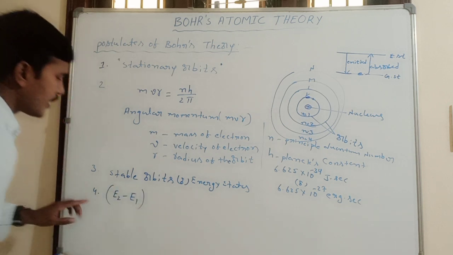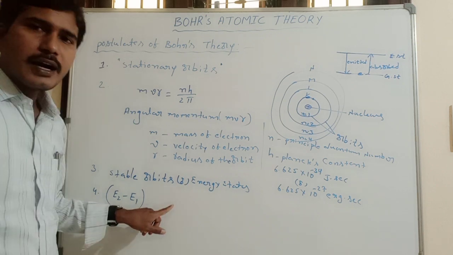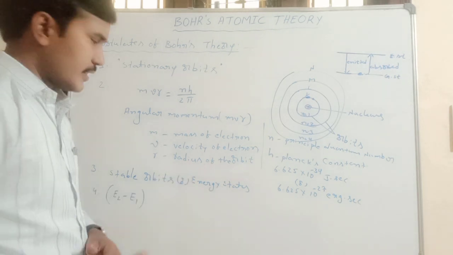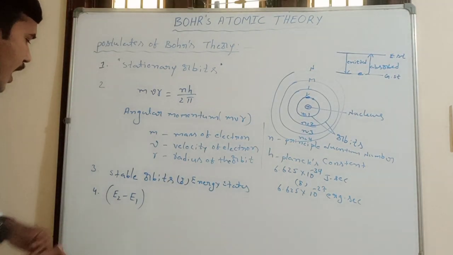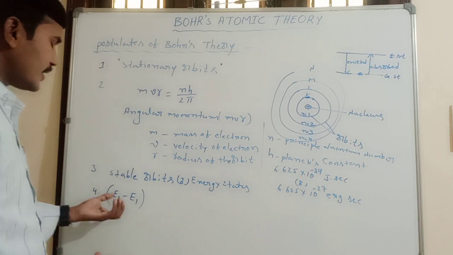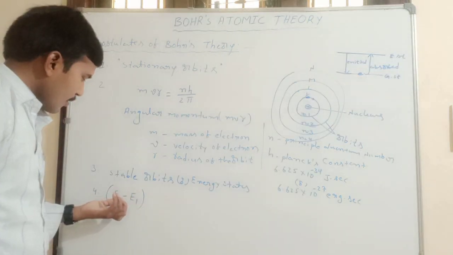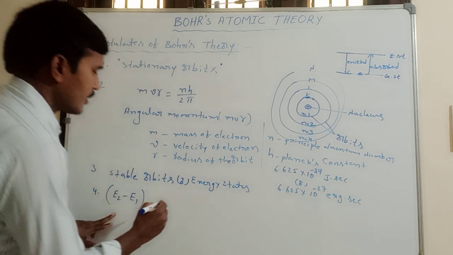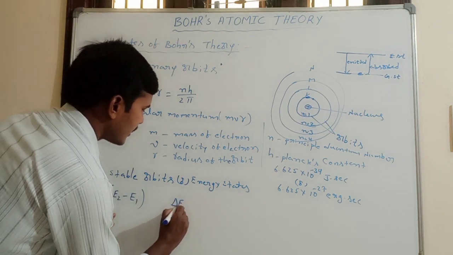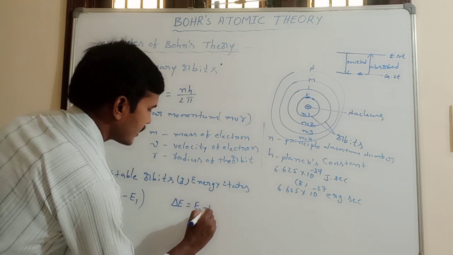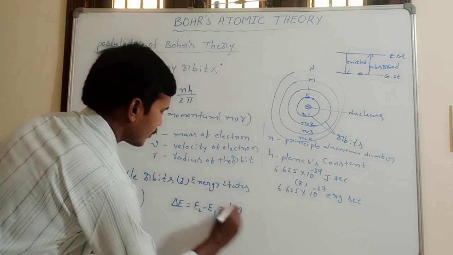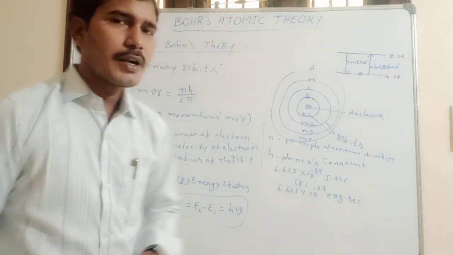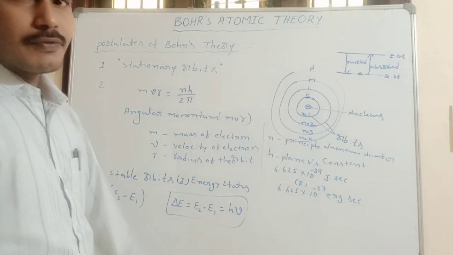Here E1 and E2 are the lower and higher orbit energies. This is the Bohr quantum condition. Change in energy, delta E, is nothing but E2 minus E1, and is also h nu. Here the energy is emitted or absorbed in the form of quanta.